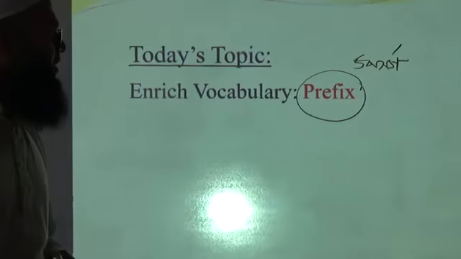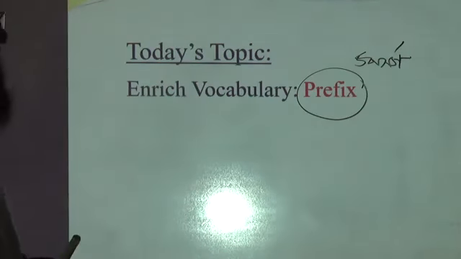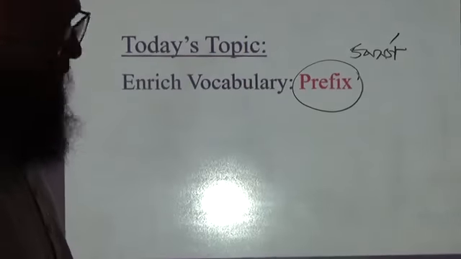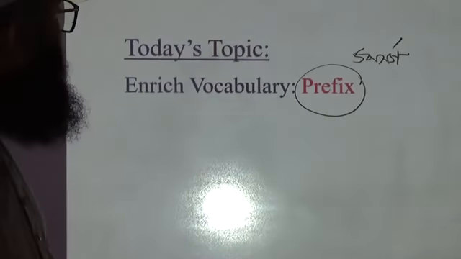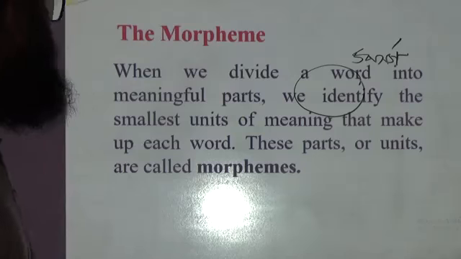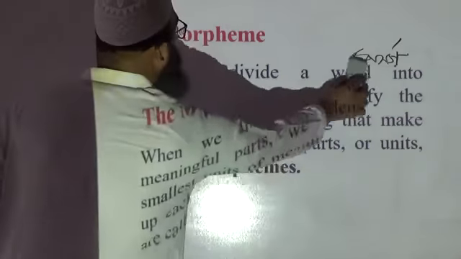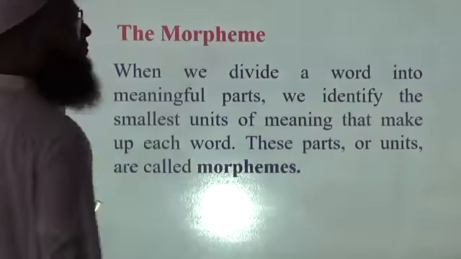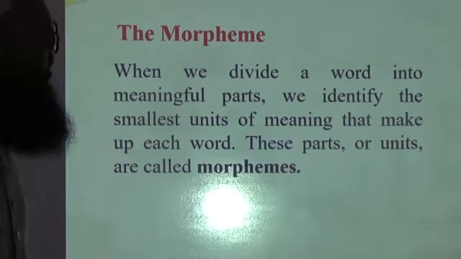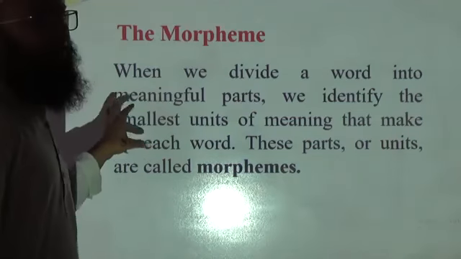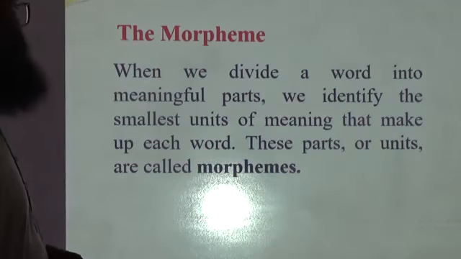Before going to the topic prefix, we have to have other knowledge that will help you to learn the basic theme of this class. It may be new to you, the morpheme. The morpheme is a grammatical part.